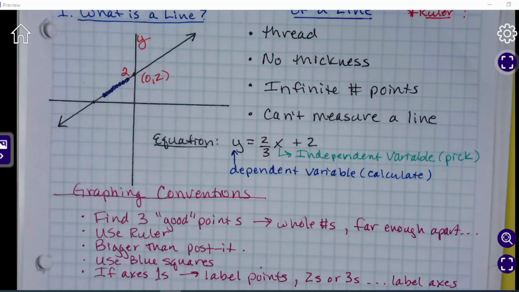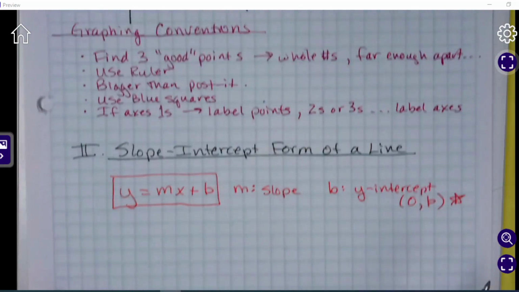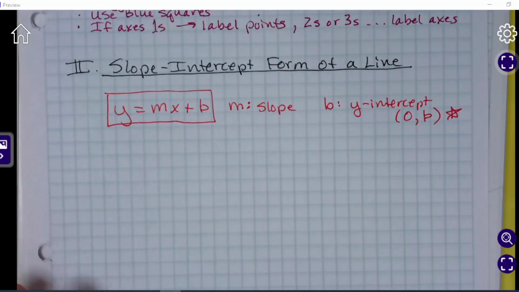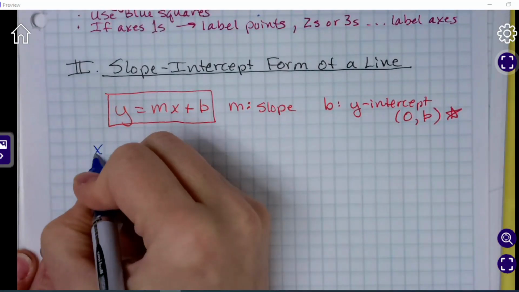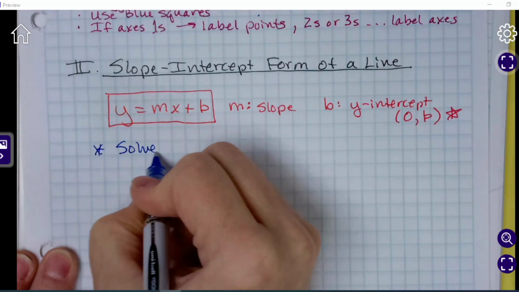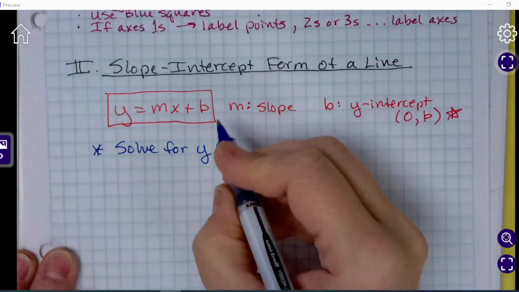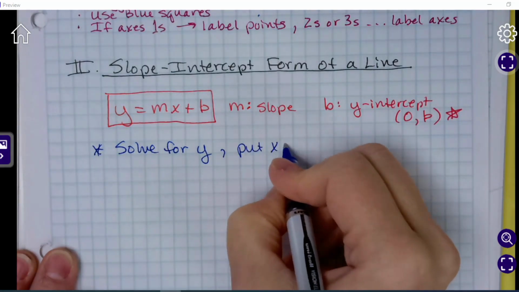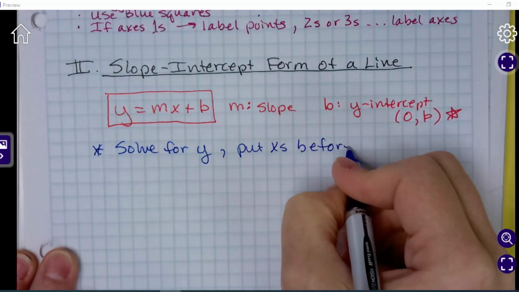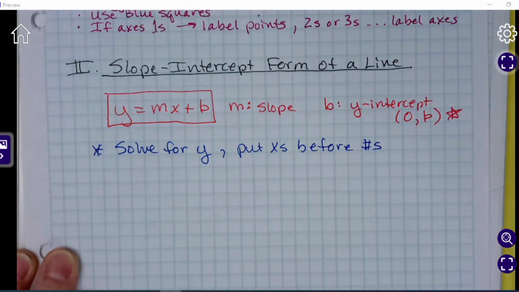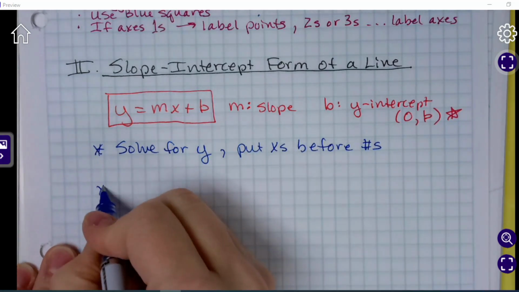All right, so what are we going to need to do to put a random equation into this form? First thing, you're going to solve for y. And then on the right side, you put x's before numbers. And you guys have been practicing that already with our formulas. When you practice putting the x's before the numbers, this should come super easy because we've already learned it.